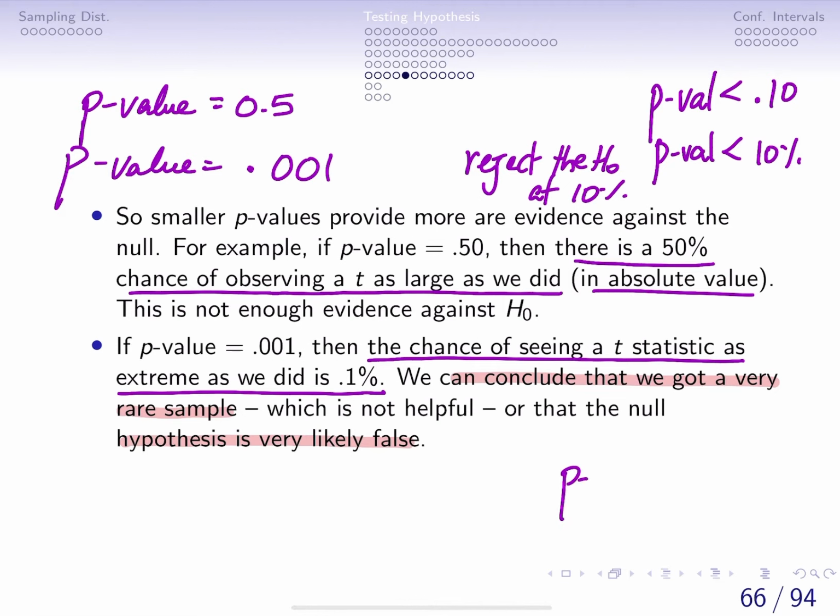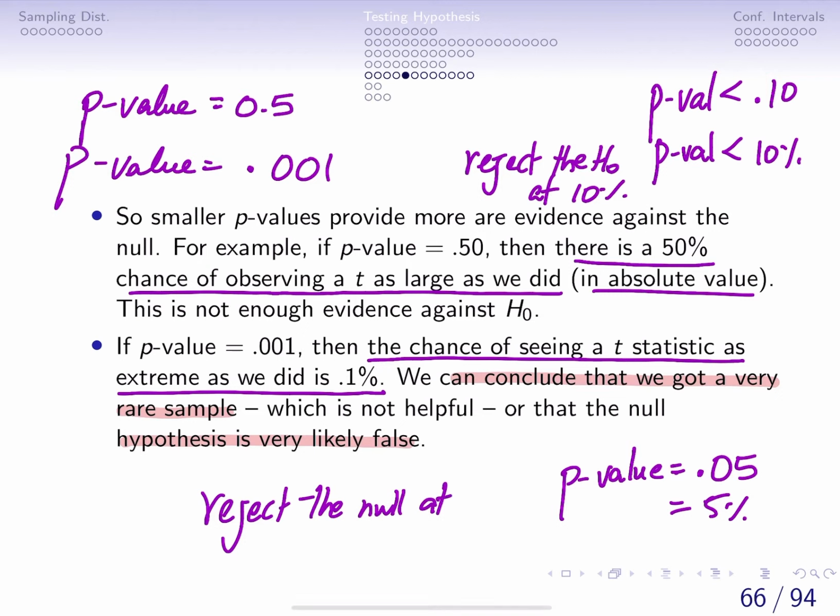If the p-value was 0.05 or 5%, then we would reject the null at 5%, okay?